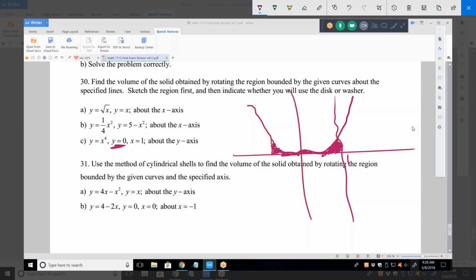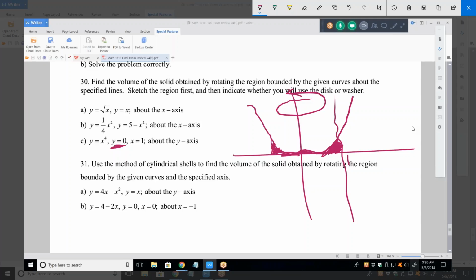What am I going to use here? Remember, I'm rotating it this way. Would x to the fourth be big R and then? First of all, let's figure out if we're going to use discs or washers. It would be washer.